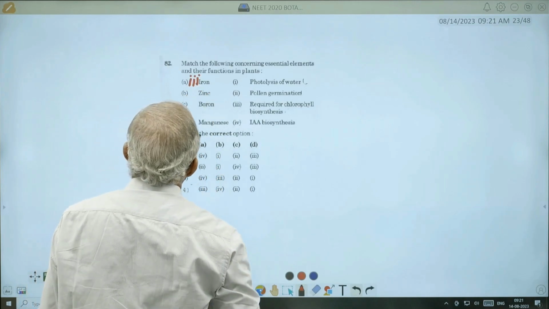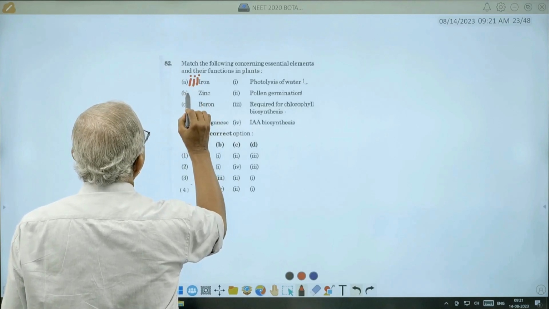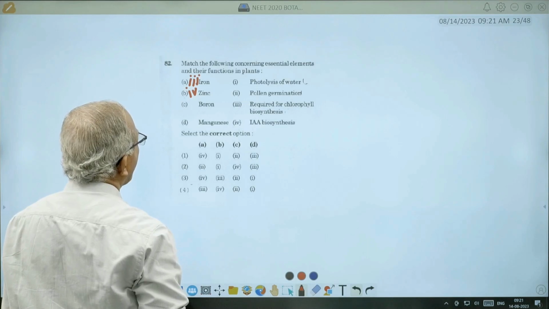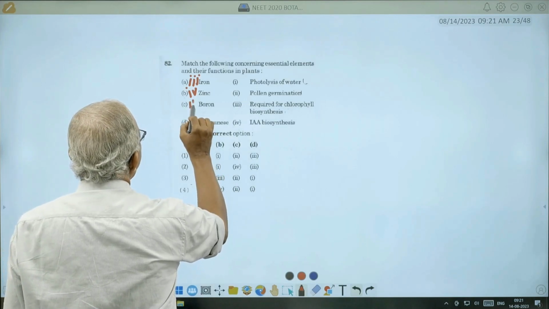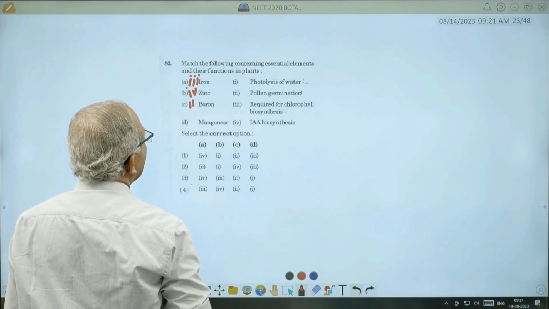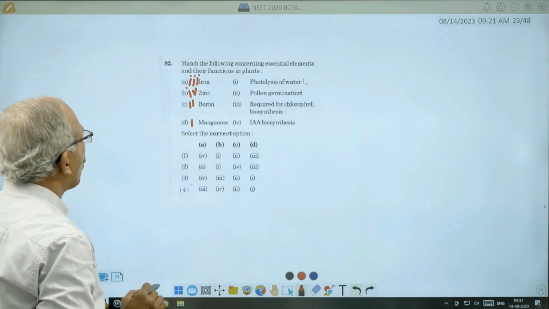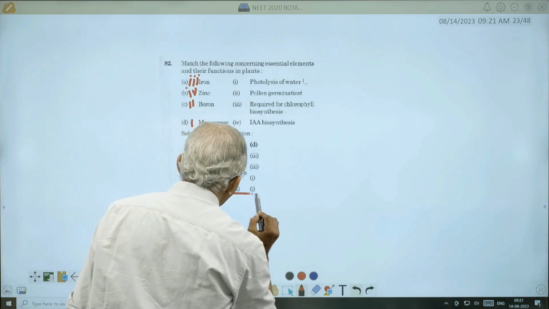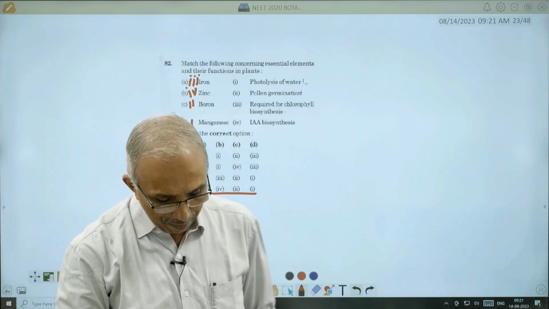Zinc can be matched with 4, biosynthesis of indole acetic acid, IAA. Boron, 2, pollen germination. Manganese, photolysis of water. Answer is 4.